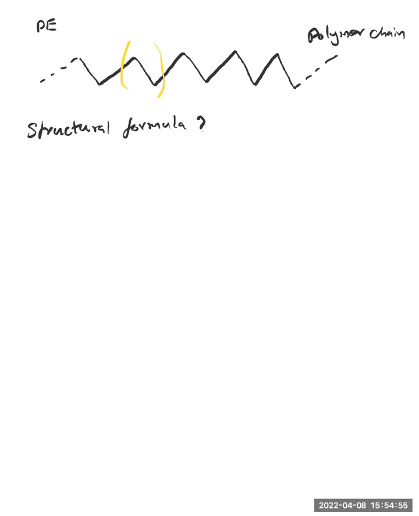So the structural formula has the repeat unit, which is going to look like that, and that is repeated n times. And this is connected to other adjacent units, so to indicate that, I'm going to draw bonds coming out of those carbons.